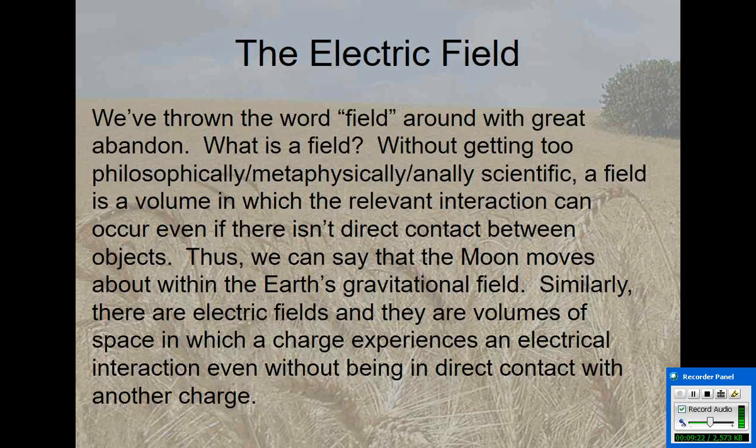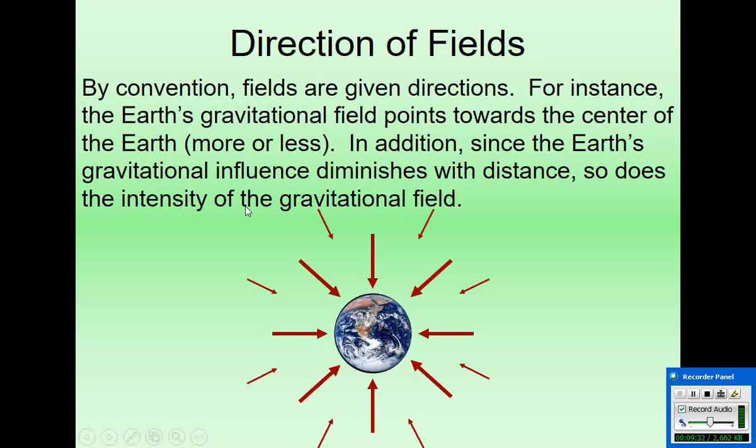So an electric field is created by an electric charge, just as a gravitational field is created by a mass. An important difference comes from the fact that charges have two possible signs. That's different from mass. Mass is always positive, and you always say the gravitational field due to a mass points towards that mass.